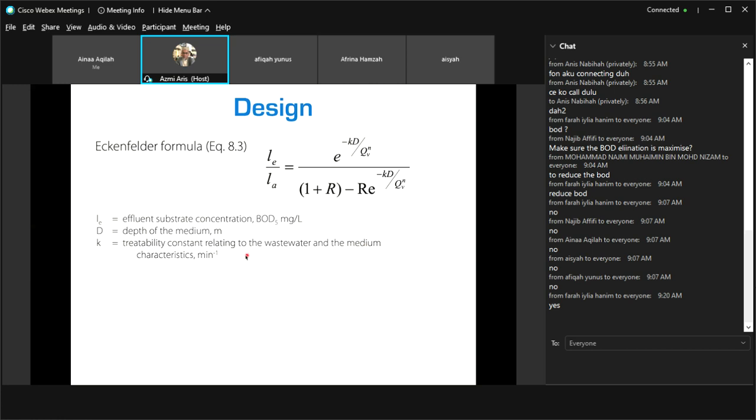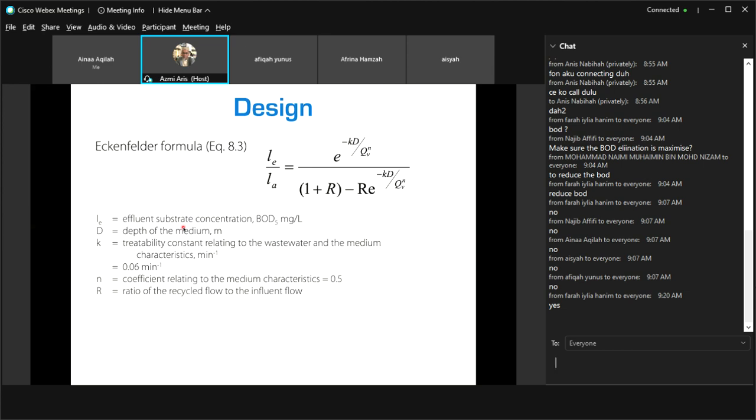And also it depends on the type of medium that you use. Either you use plastic, stone, or whatever. For simplicity of the design, we use K equal to 0.06 per minute. N is the coefficient relating to the medium characteristic as well. For simplicity, we use 0.5 as the value.